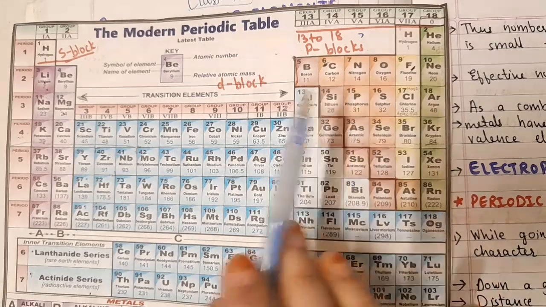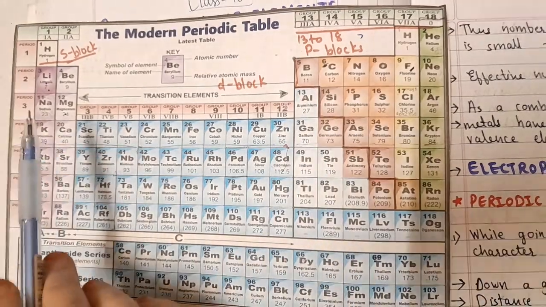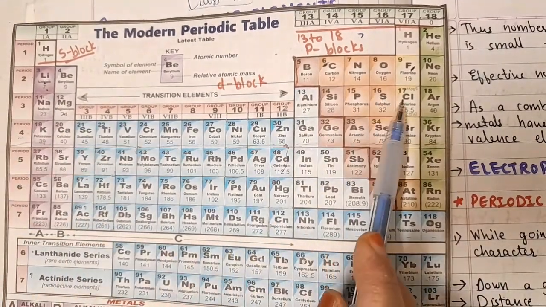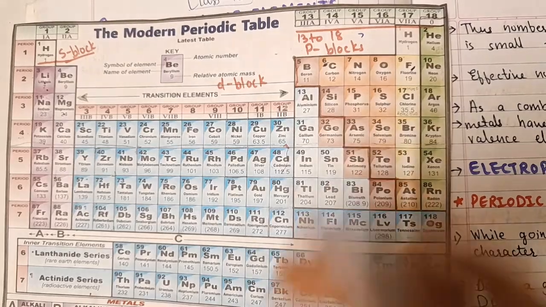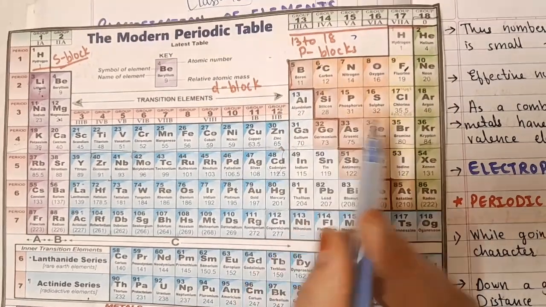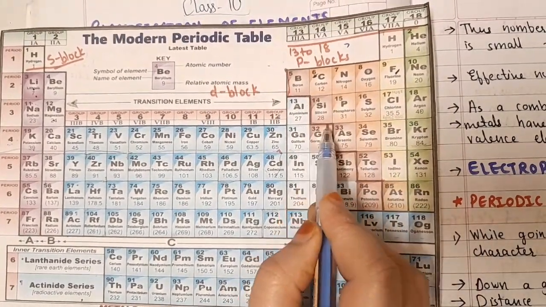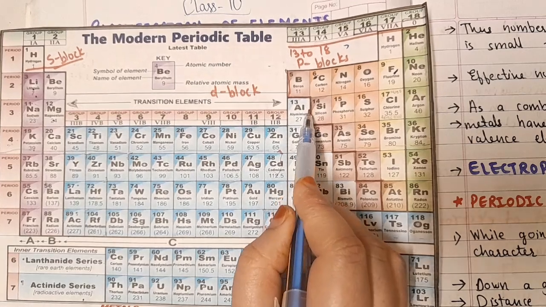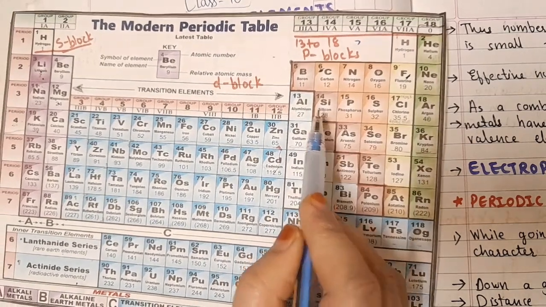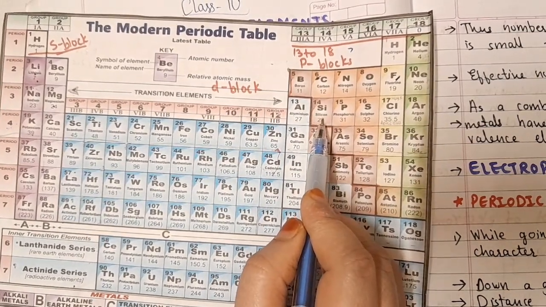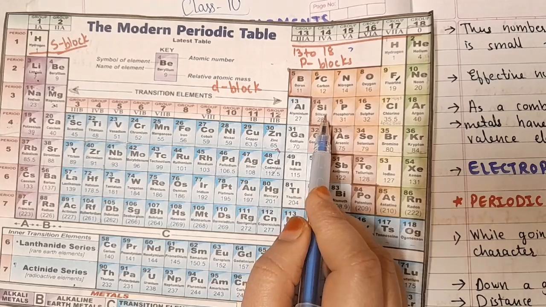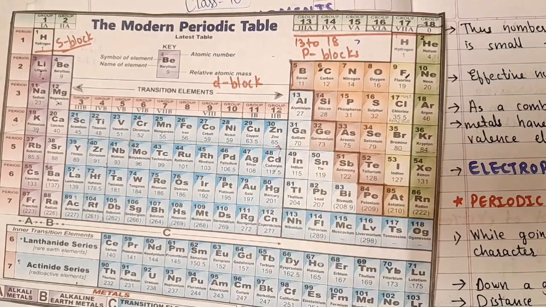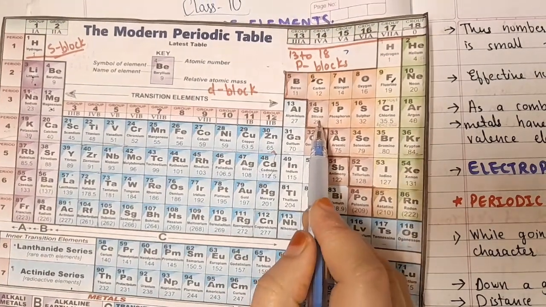These are the metallic elements, these are the non-metallic elements, and we have metalloids also. Where are the metalloids? This is a zigzag line. I have told you that the elements which lie along the zigzag line are the metalloids. Here silicon is a metalloid because it lies along the zigzag line.